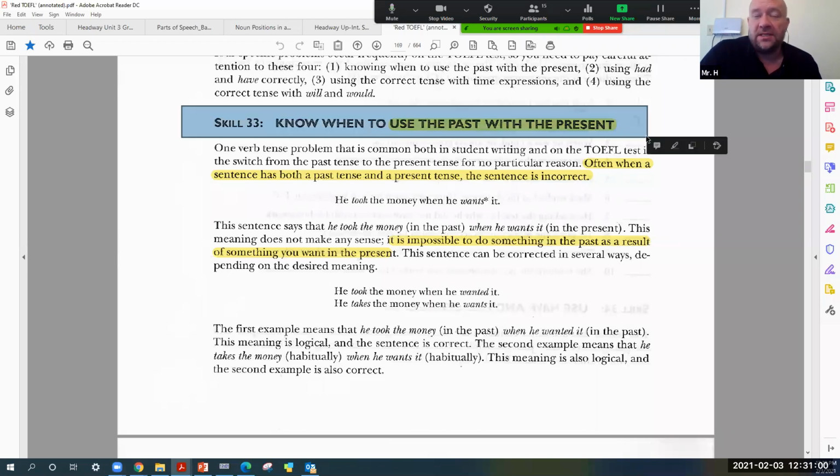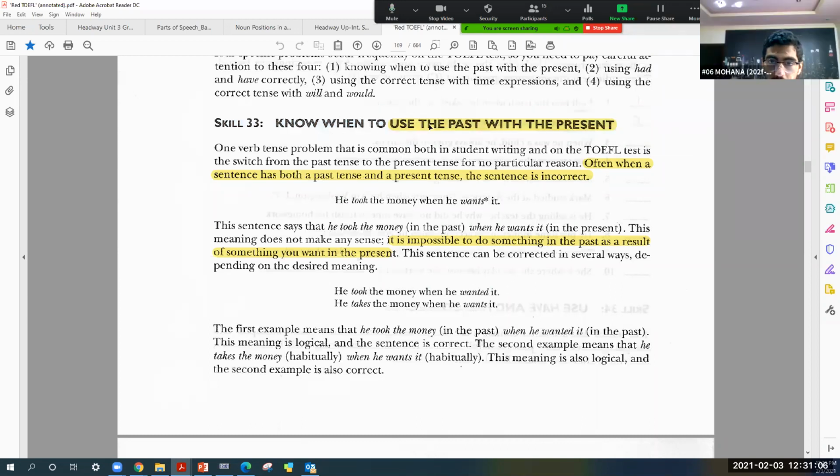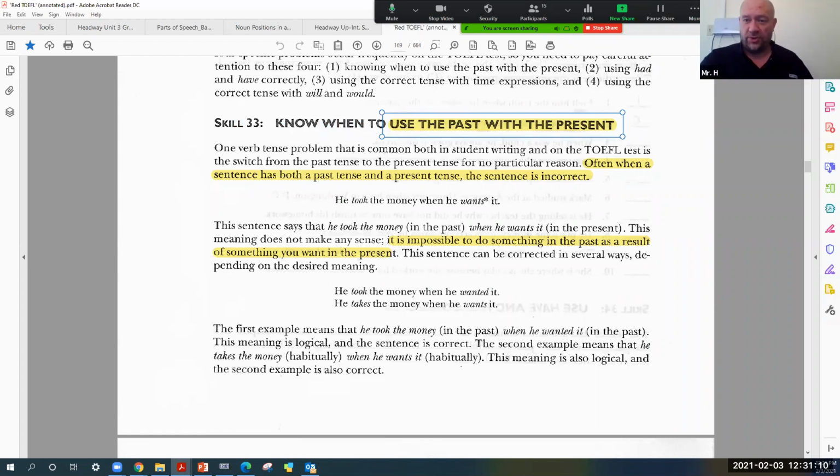Read the name of the skill. Skill 33: Know when to use the past with the present. What does that mean? The past tense with the present tense. You have to know, because sometimes we can't do that.